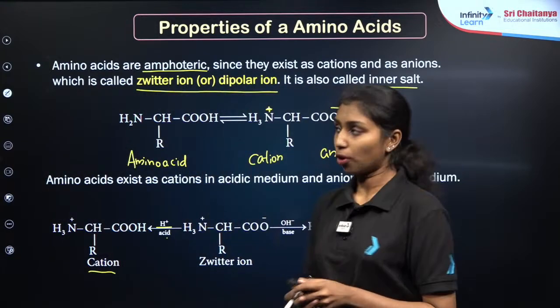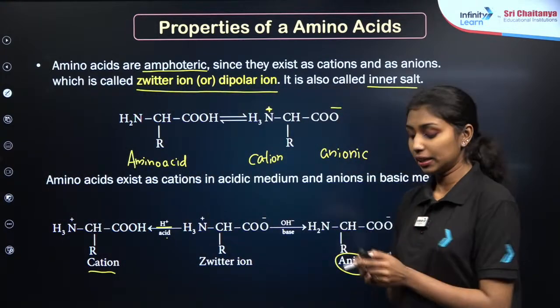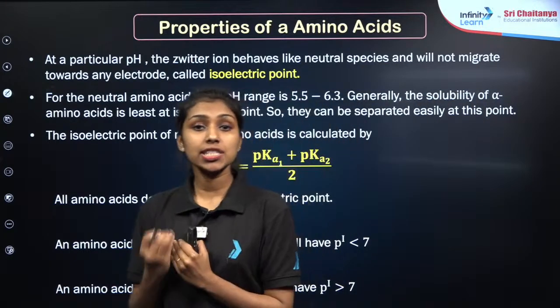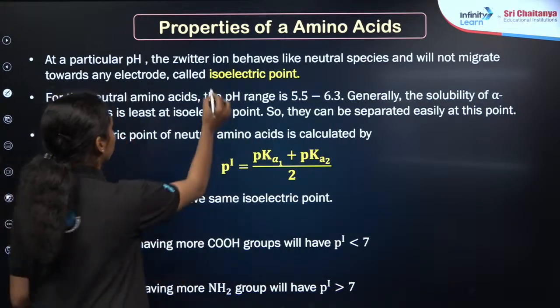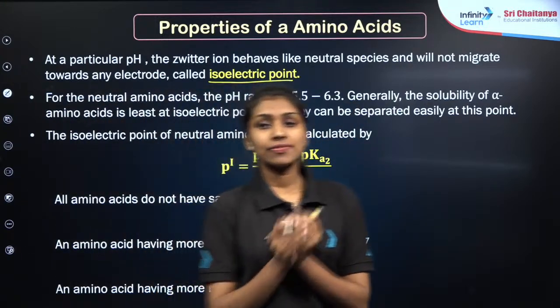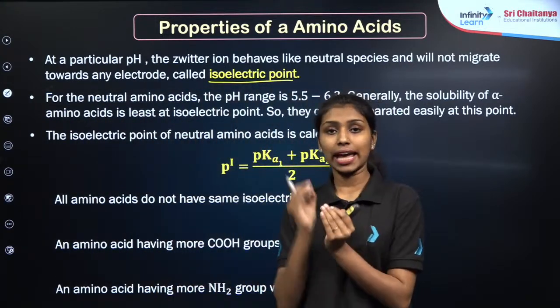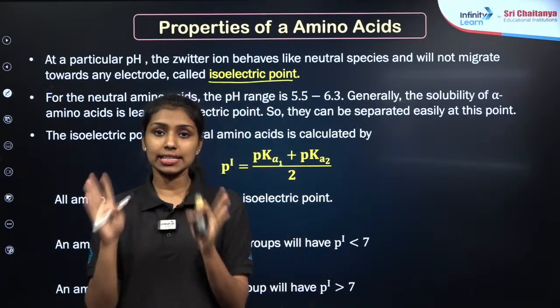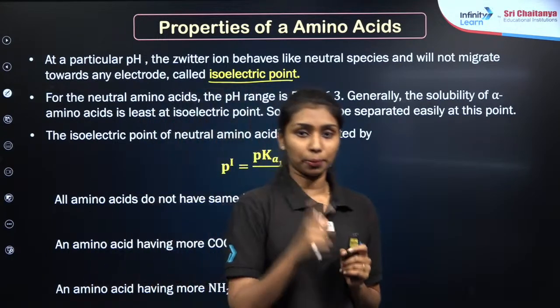Based on this zwitterion property, we will explain another term known as the isoelectric point. What do you mean by isoelectric point? As we already know, amino acids can exist as cation as well as anion, in acidic or basic medium, through their amphoteric nature or zwitterion property.